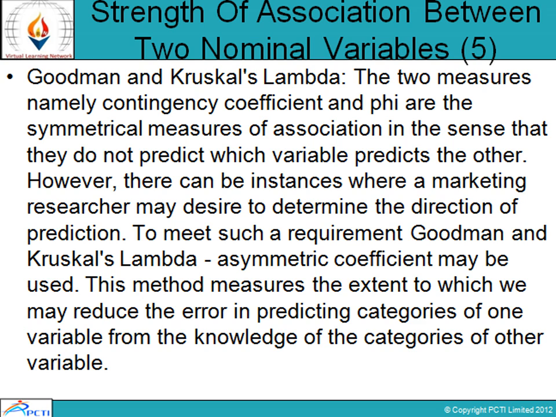To meet such a requirement, Goodman and Kruskal's lambda, an asymmetric coefficient, may be used. This method measures the extent to which we may reduce the error in predicting categories of one variable from the knowledge of the categories of the other variable.